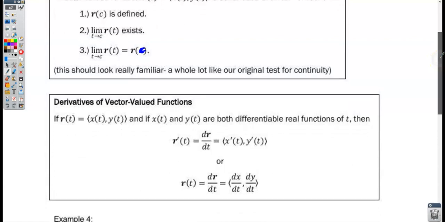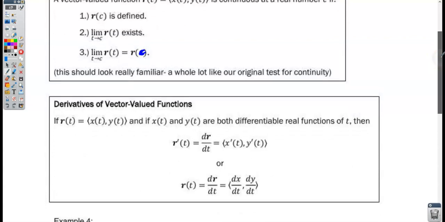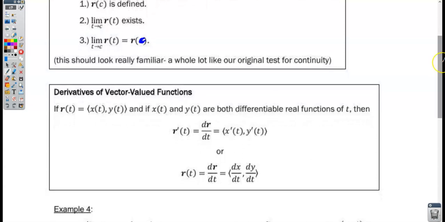Derivatives of vector valued functions. Again, I made a little typo. I'm missing a prime there. So to find the derivative of a vector valued function, if r of t equals the vector valued function with components x of t and y of t, and if x of t and y of t are both differentiable real functions of t, then r prime of t can be written as dr dt with the component forms x prime of t, y prime of t, or same thing, different notation, dx dt, dy dt.